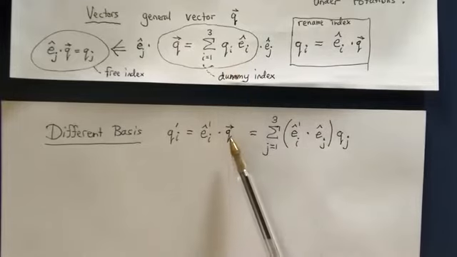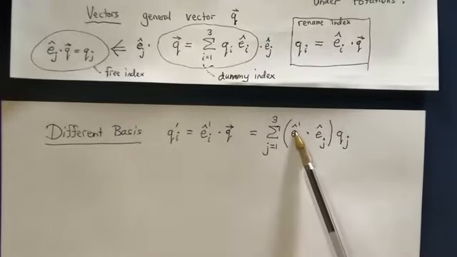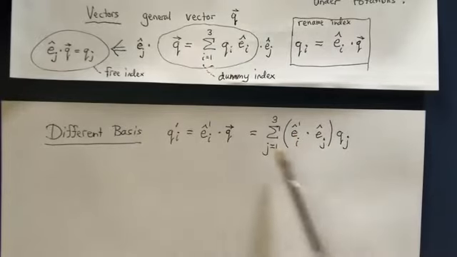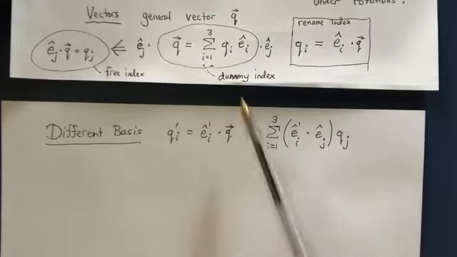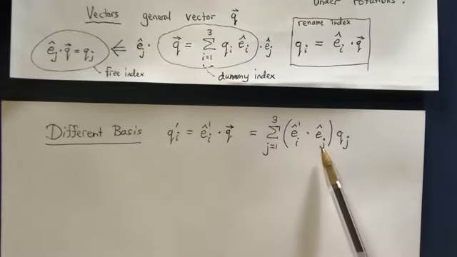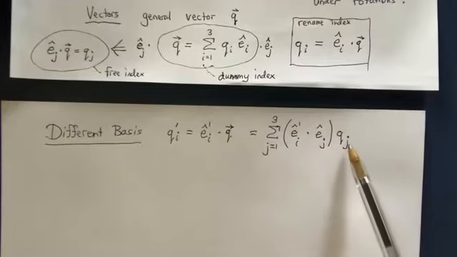So we plugged in this formula, and we copied over the E hat prime I. That simply got copied over here. And we have this sum on J, and I changed the index of summation to J because that's a dummy index. And so the Q is that sum. Here's the unit vector J, and there's the coefficient Q sub J.